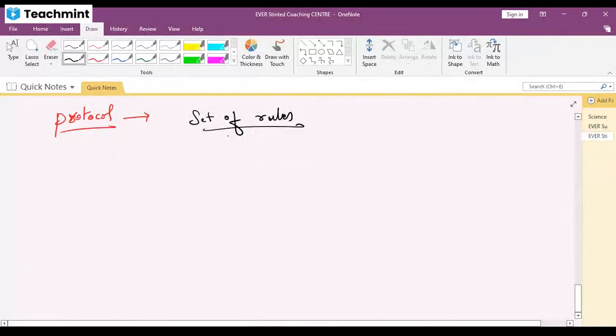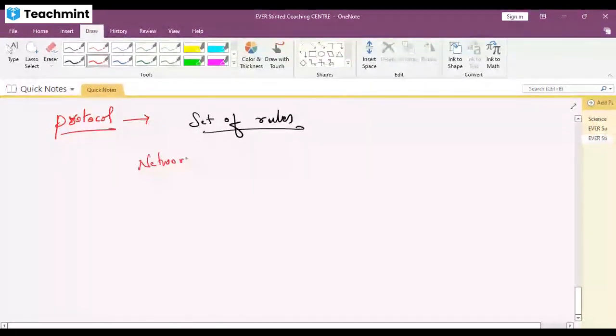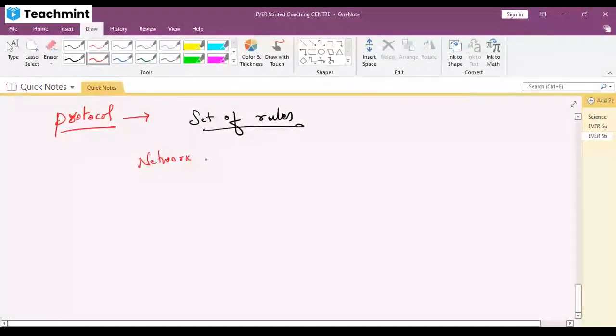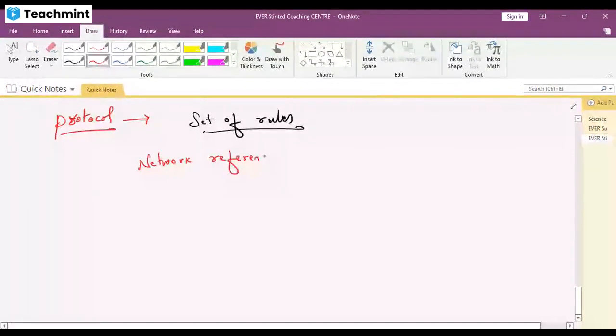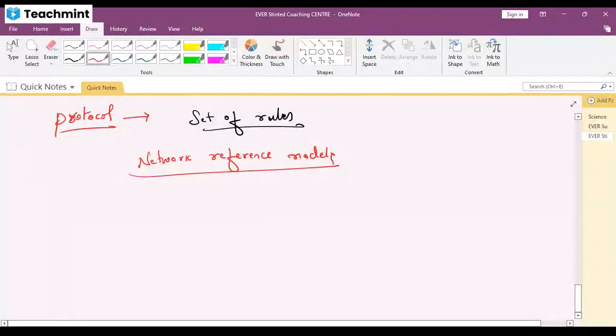Can you mention the different network reference models? These all are like one or two mark questions. Protocol meaning once again: the set of rules designed for successful data communication.